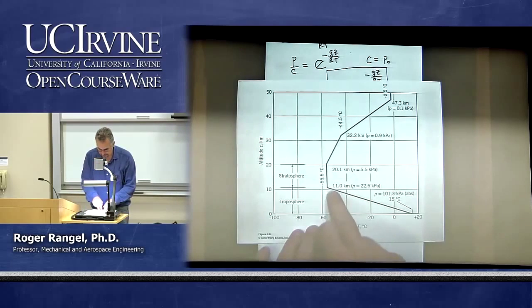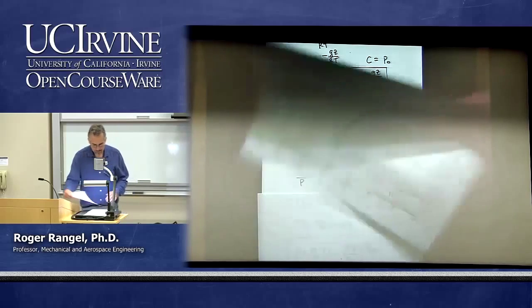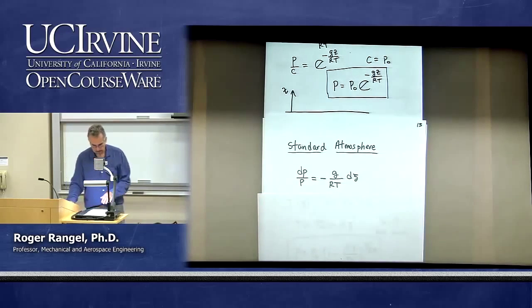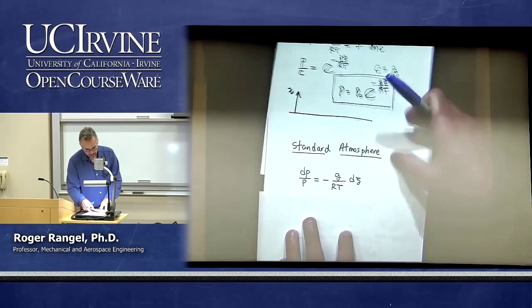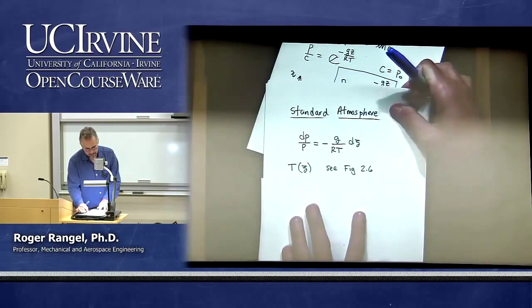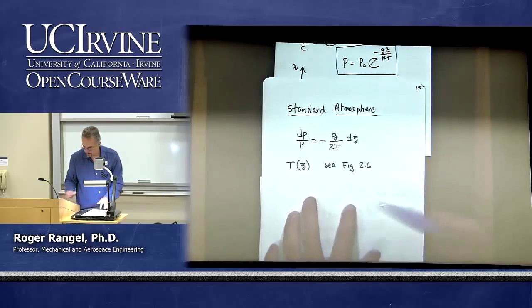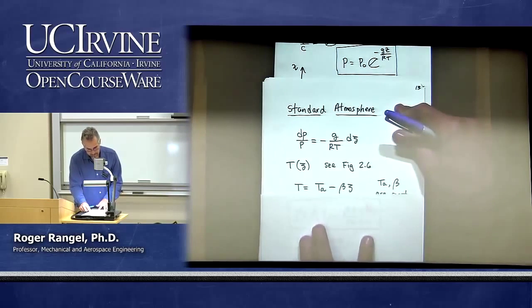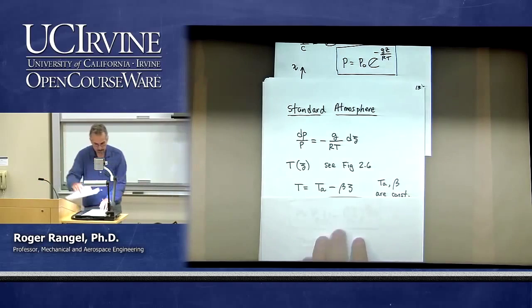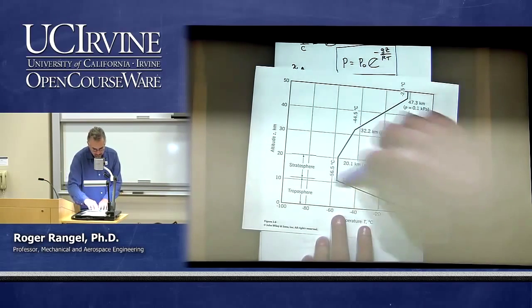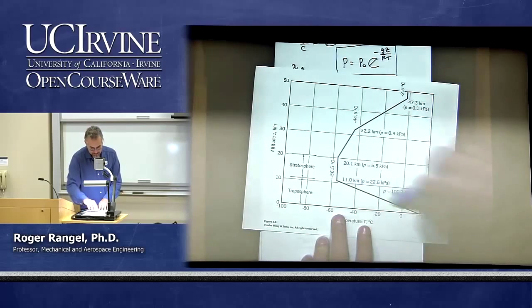But that gives you a linear distribution of temperature with height. So essentially what that does is, rather than assuming that the temperature is a constant, it gives you the temperature as a function of height. And in the case of the troposphere, as you can see, it's a linear function with a negative slope.